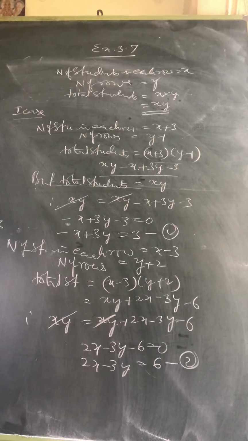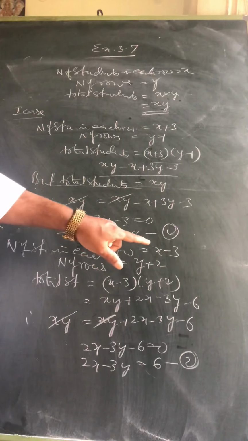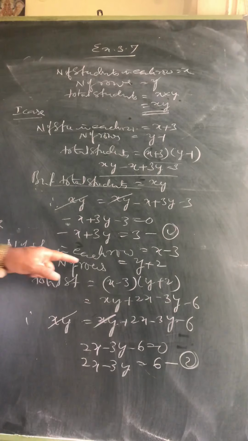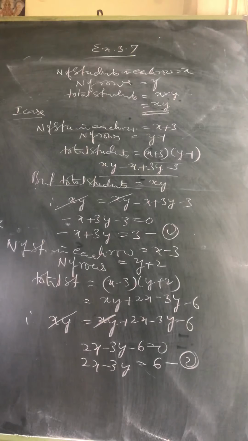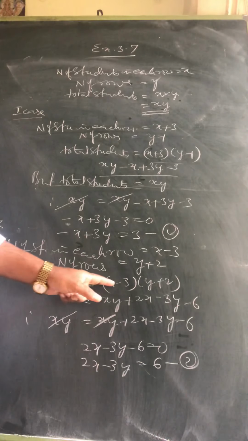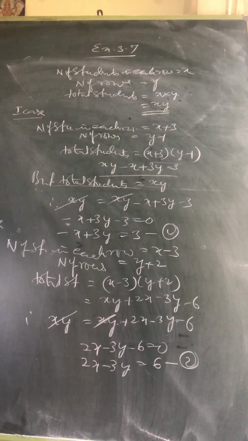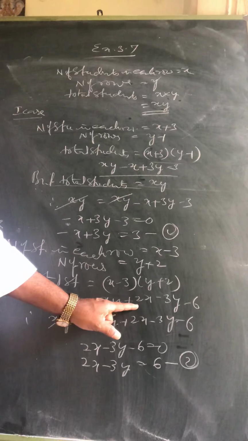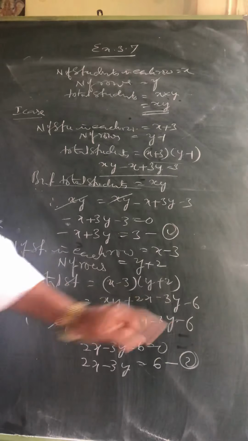Have you understood? Or shall I repeat it? See, the number of students in each row, 3 students were less, x minus 3. So the number of rows is equal to y plus 2. Why? Because the number of rows is increasing. Total students were (x minus 3) into (y plus 2), which is xy plus 2x minus 3y minus 6.